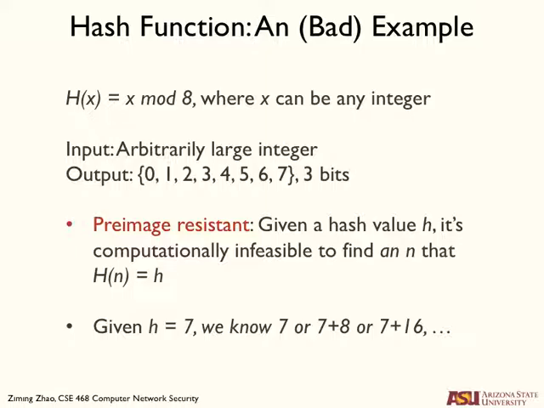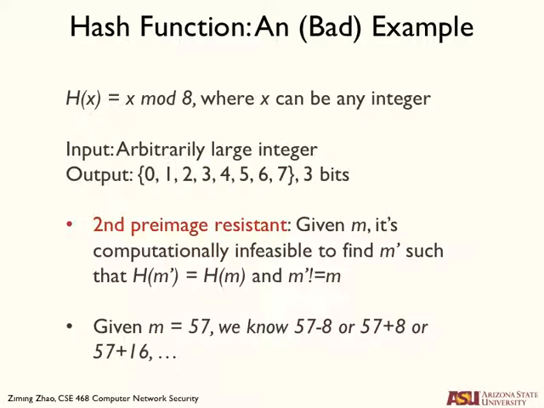So it's very easy for us to find any message that has a given hash value. And this function also cannot provide the second property either, which states that given a message m, not the hash value, it's computationally infeasible to find another m prime.